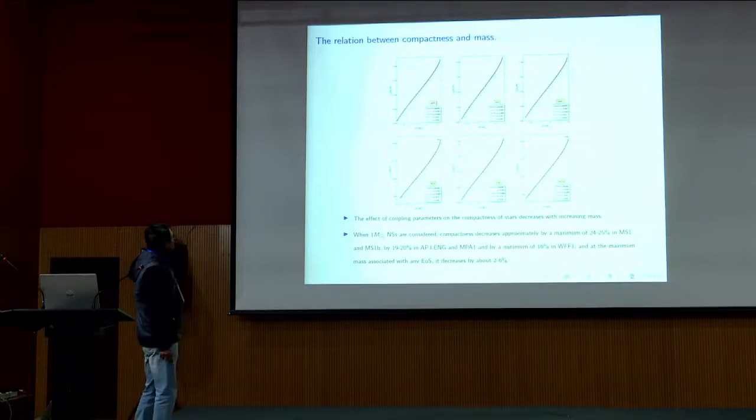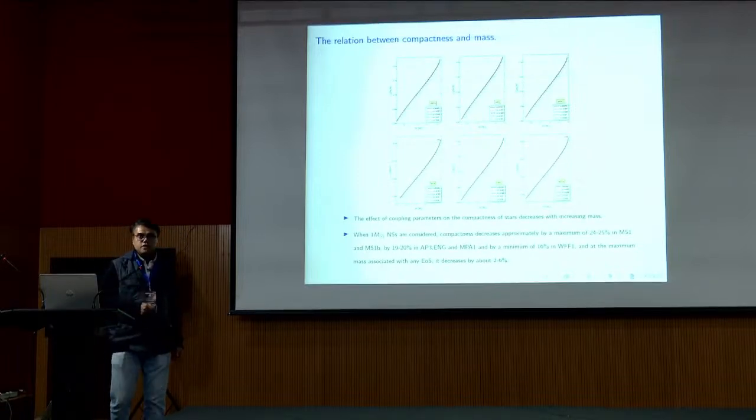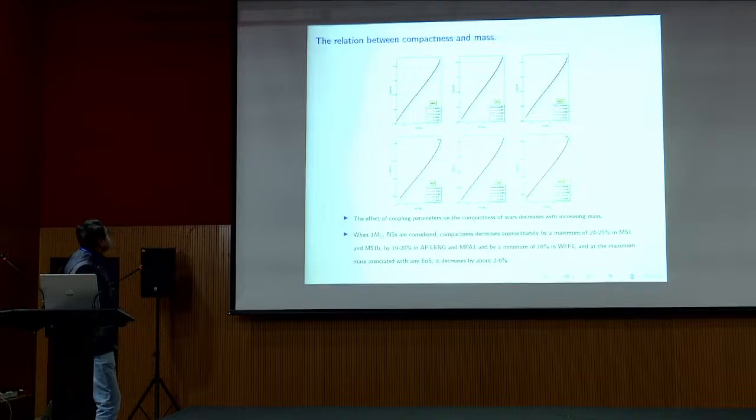Also from the compactness versus mass relations, whenever the mass is less, the variation with chi is significant, but for higher mass this variation is nearly negligible. In each of the six different equations of state, we see the same phenomenon.